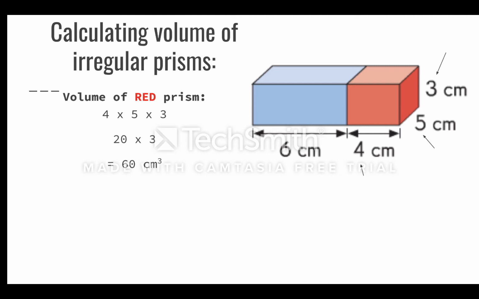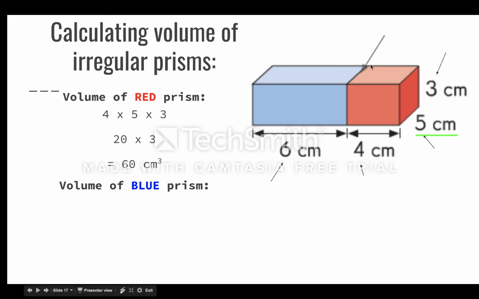And the blue rectangular prism actually shares two dimensions with the red rectangular prism. So for the volume of the blue prism, we have 6 centimeters, which is the length. And if you look over here, the 5 centimeters is being shared with the red prism, and it's going to be the width of the blue rectangular prism.